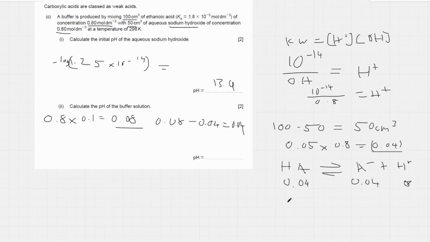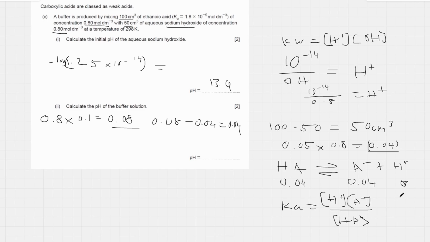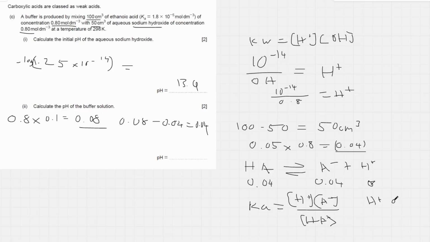So if we use this calculation here, Ka equals H plus times A minus over HA, we see that because these are both 0.04, they cancel out.